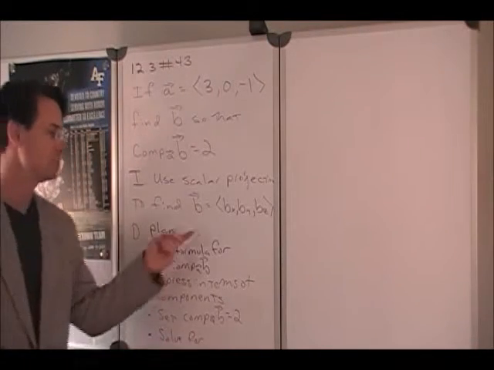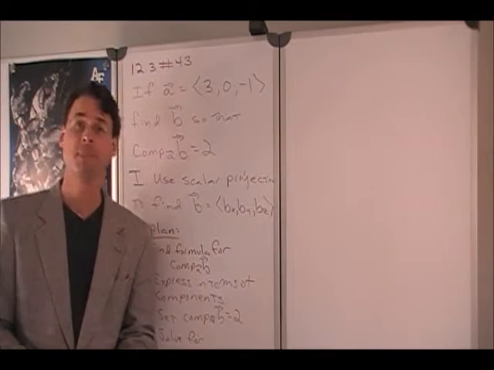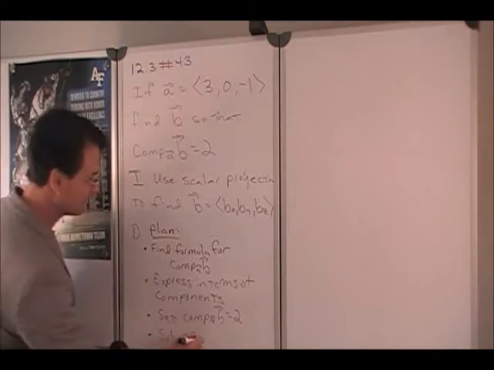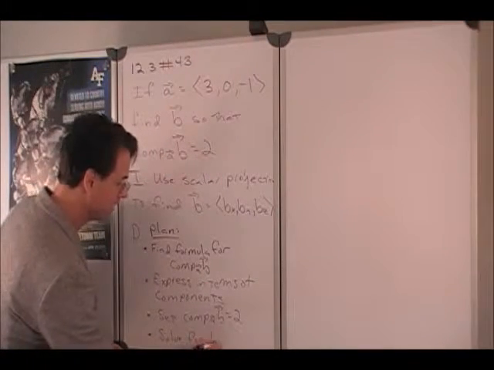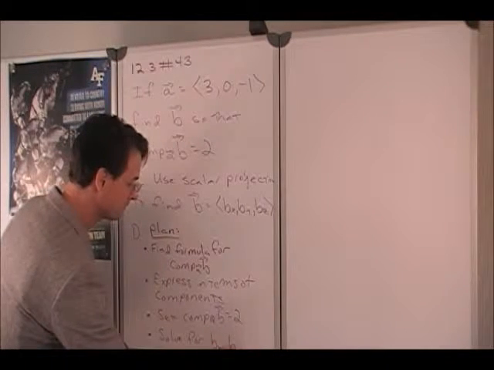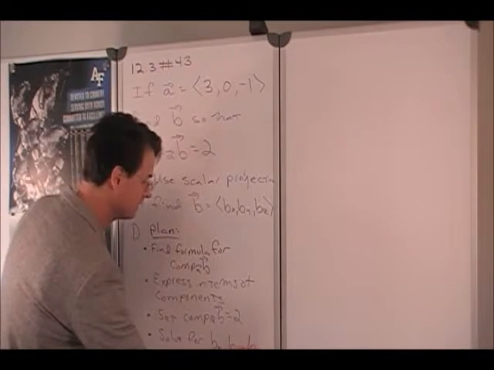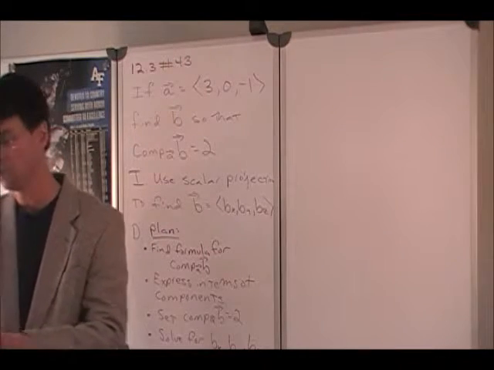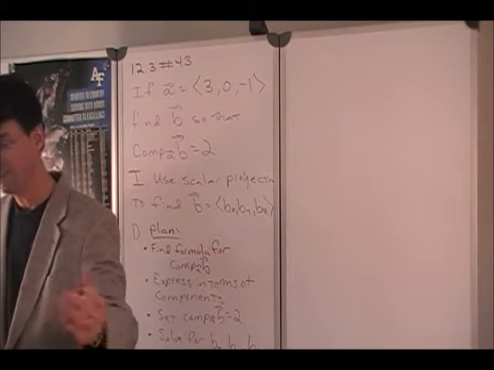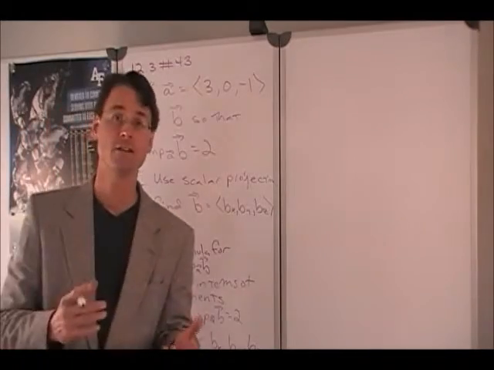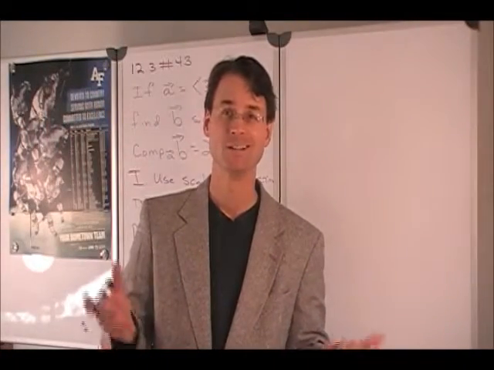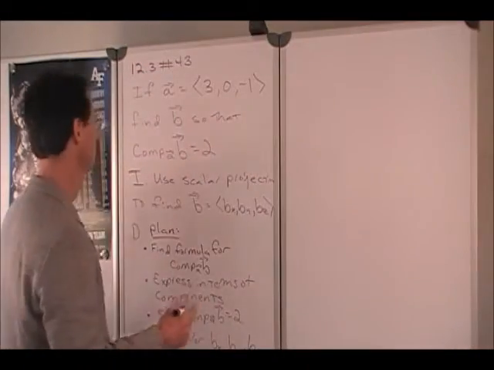And rather than just saying solve for the vector B, let's be a little more intentional and explicit about saying that we're solving for the x component, the y component, and the z component. And let's also note that it just said to find a vector B. So there may be more than one right answer to the problem.